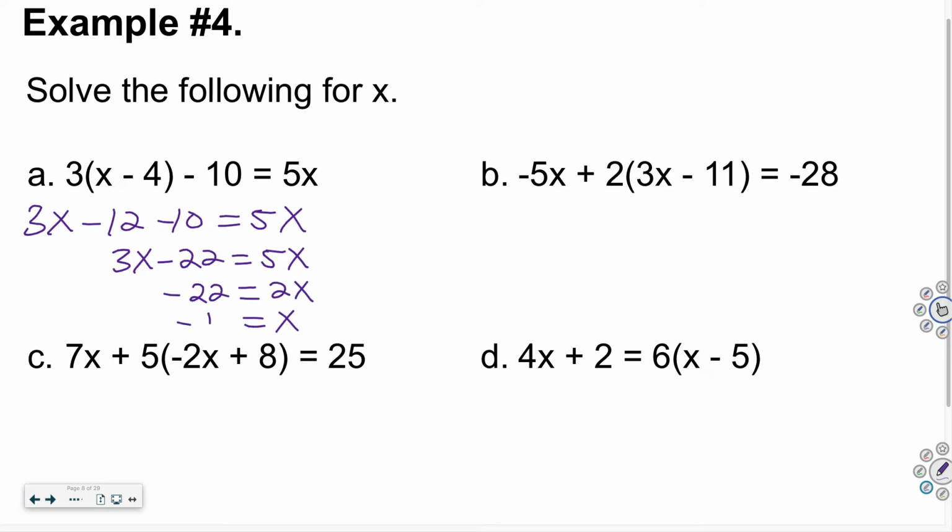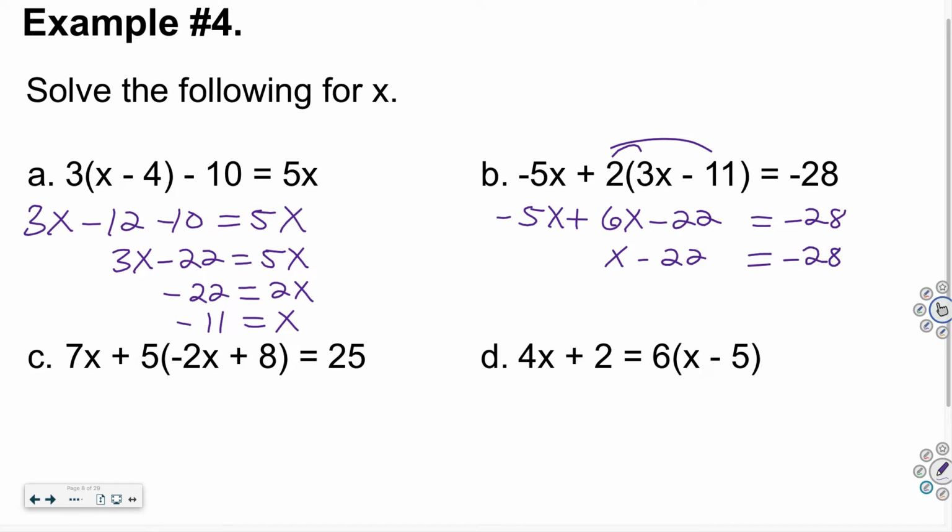Divided by 2 is negative 11. Okay, so here we have minus 5x plus 6x minus 22 is equal to negative 28. So distribute the 2. Then we have x minus 22 is equal to negative 28. Add the 22 over, x is equal to negative 6.